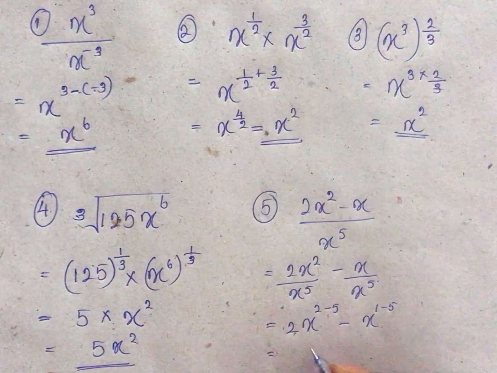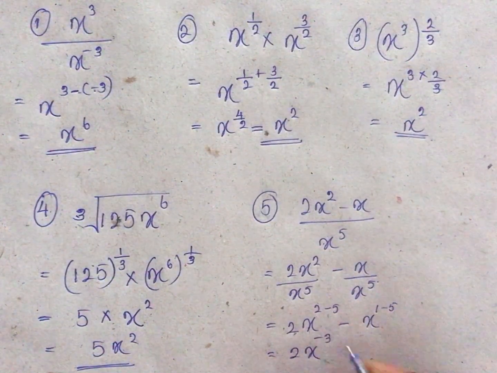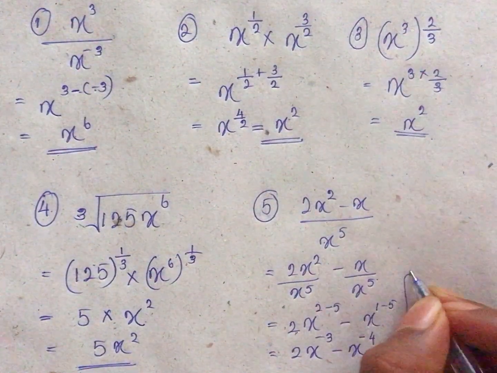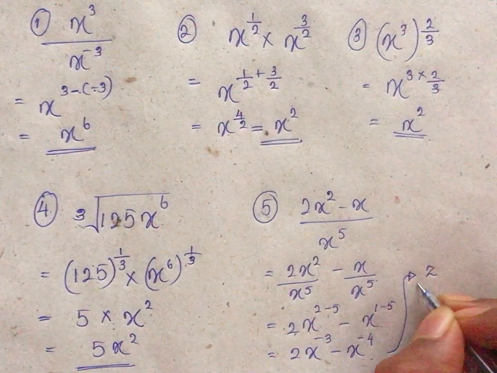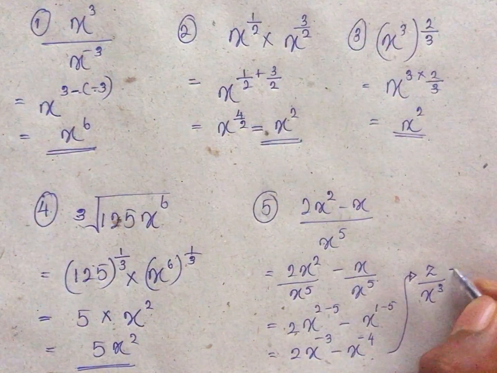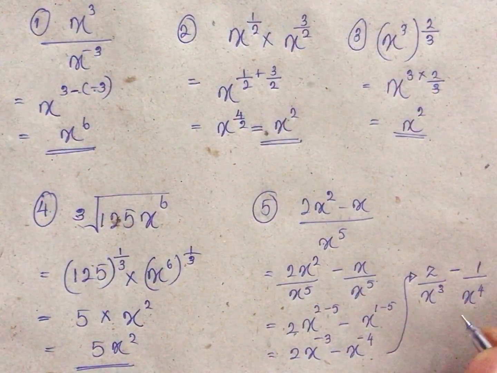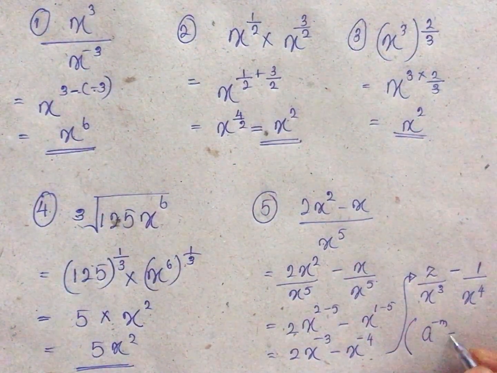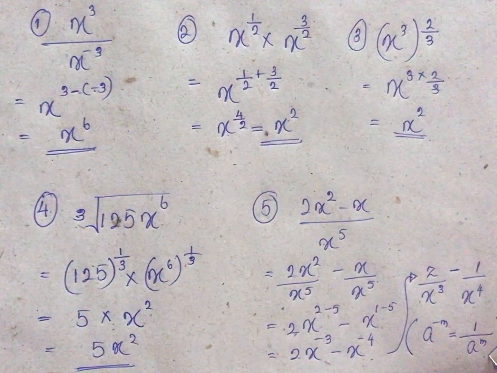Then you get 2x to the power minus 3 minus x to the power minus 4 when subtracting the powers. Next, we can write it with positive indices: 2 over x to the power 3 minus 1 over x to the power 4. You know a to the power minus m equals 1 over a to the power m. I used this point in this case.